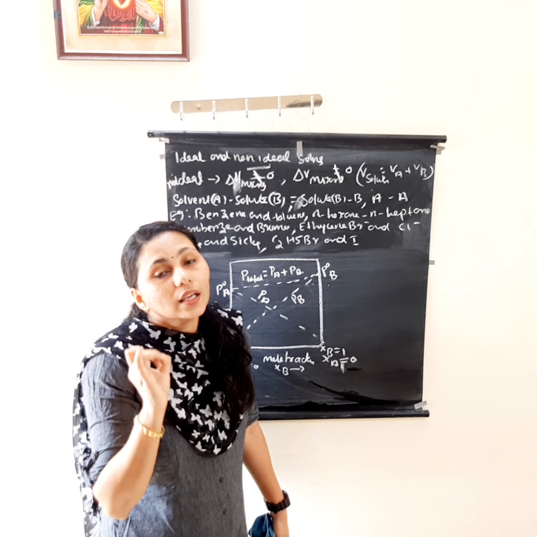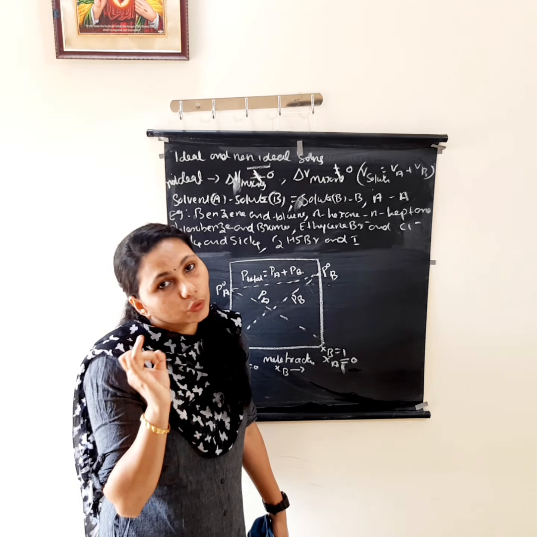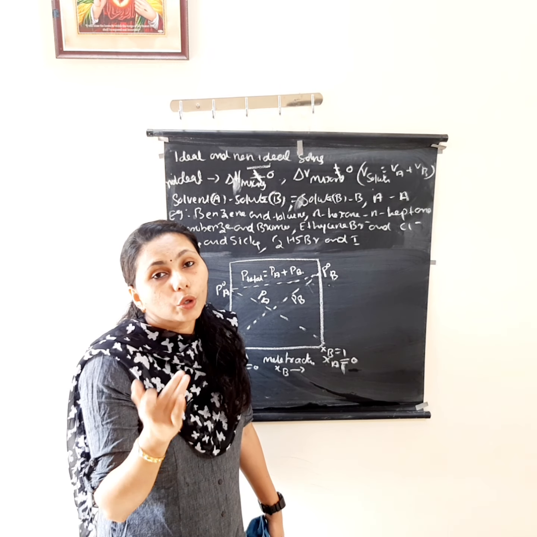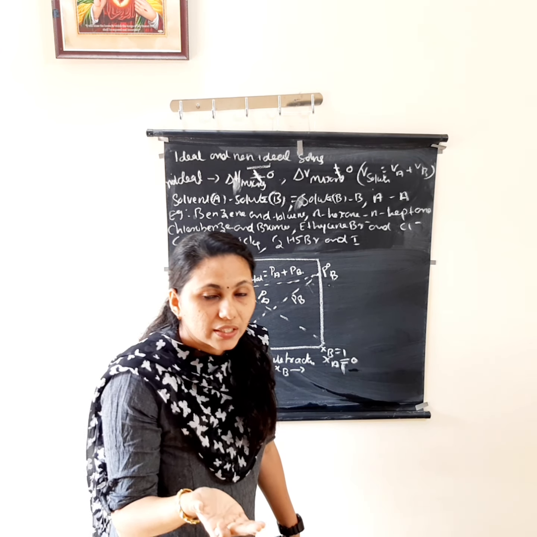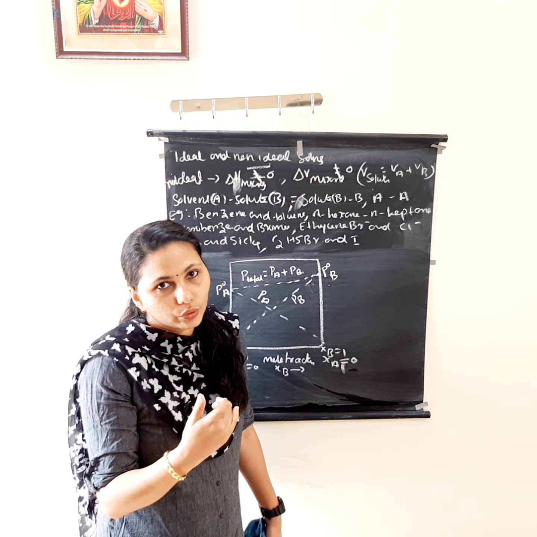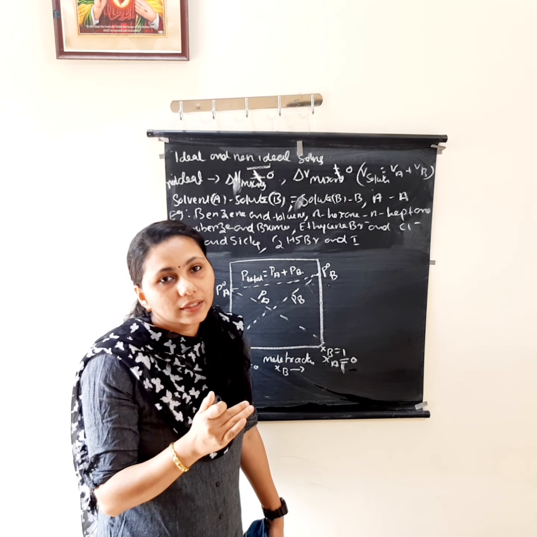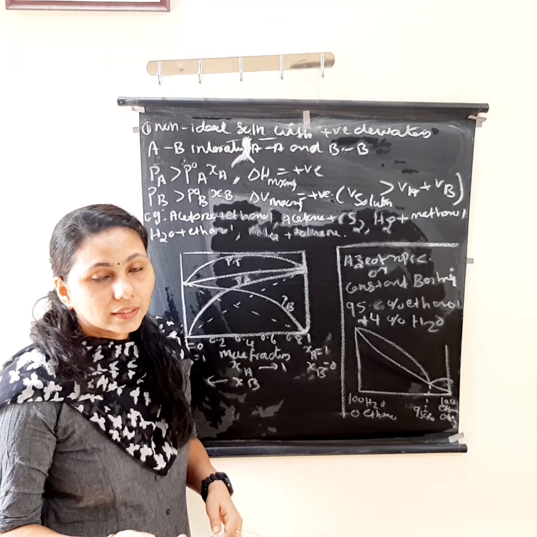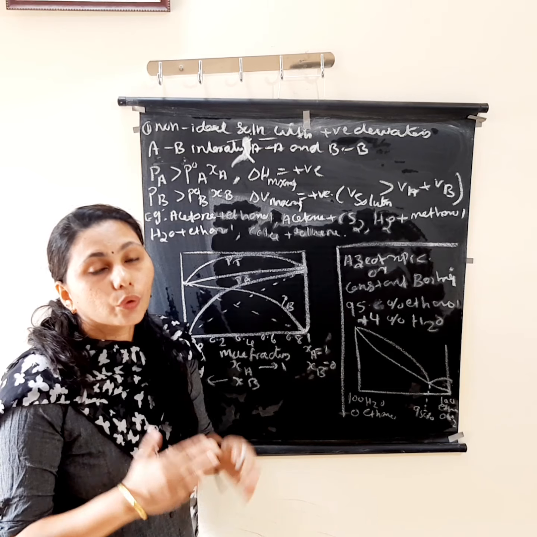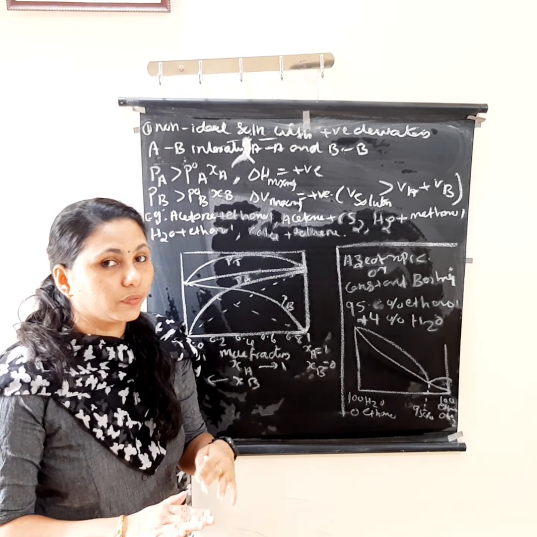So delta H mixing is not equal to 0 and delta V mixing is not equal to 0. There are two types of non-ideal solutions: with positive deviation and with negative deviation. So the ideal solution, its graphical representation and characteristics are clear. Next is the non-ideal solution, of which there are two types.